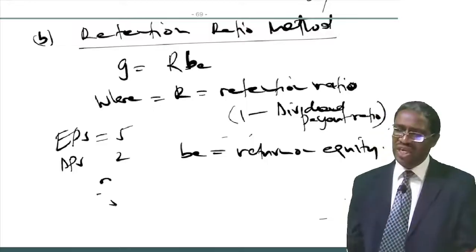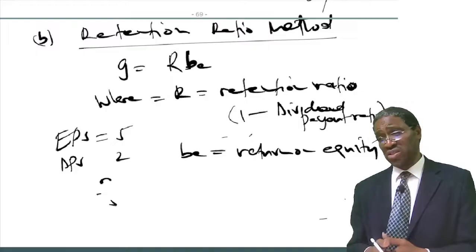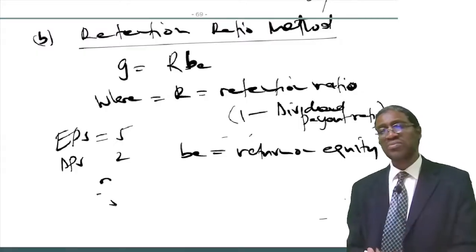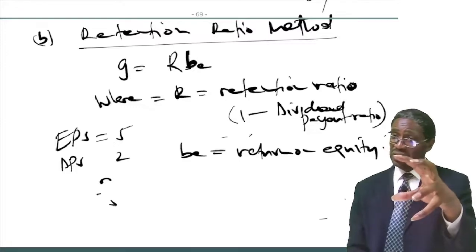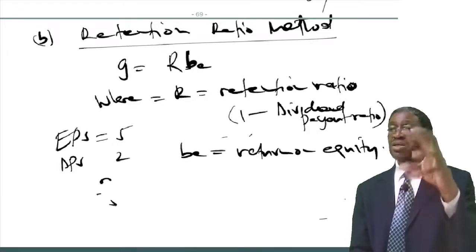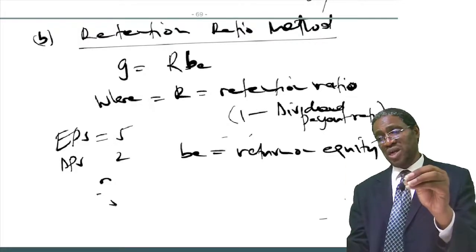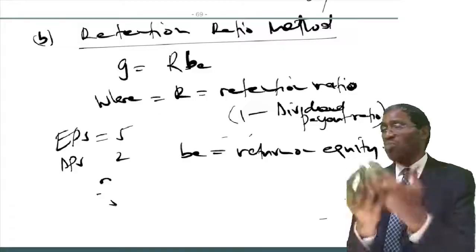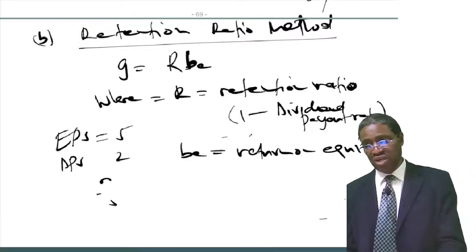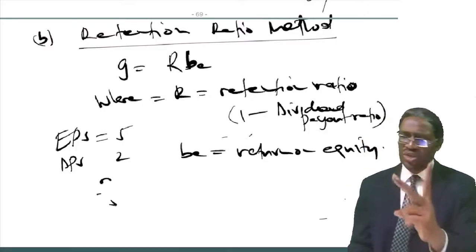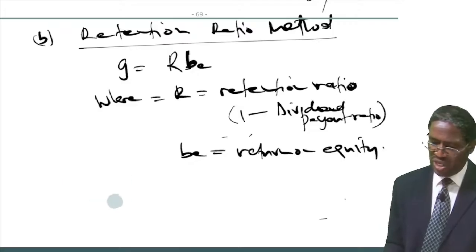It's a ratio like any other, but normally the examiner will tell you the return on equity is 20%. So if you know the retention ratio is 60%, or 0.6, and you are told the return on equity is 20%, multiply those two and you get the growth rate. Are you there? Good. So those are the two methods of determining the growth rate.